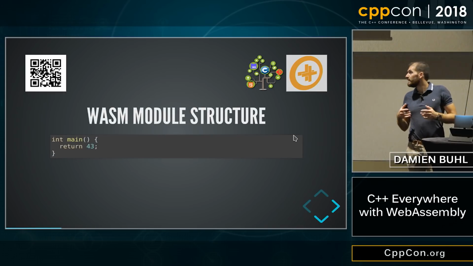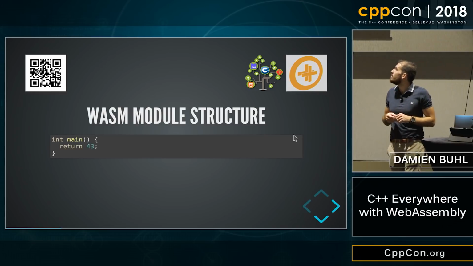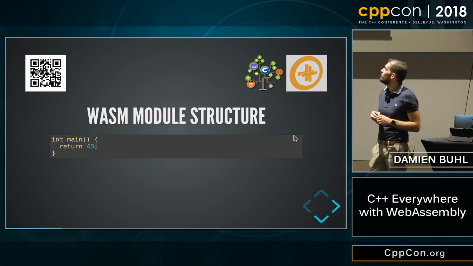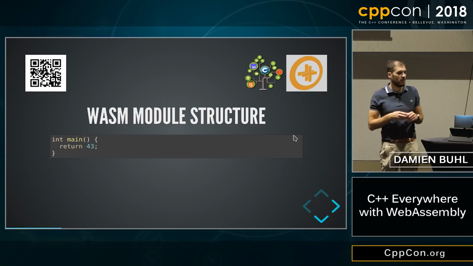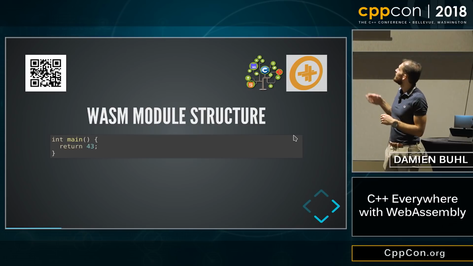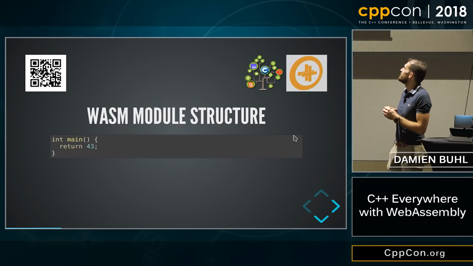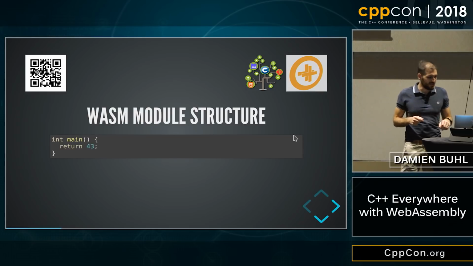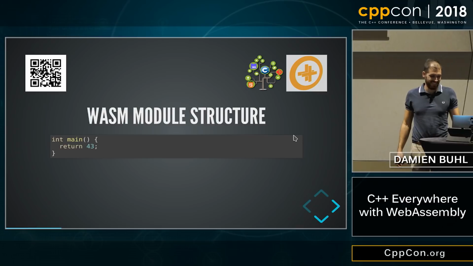And if you don't mind, I can show you what a WebAssembly module structure looks like, what happens when you build it and what comes out from the compiler. So here, you have the reply to the world, from the Hitchhiker's Guide to the Galaxy. It's a bit wrong here, but I like 43, so I kept that one.